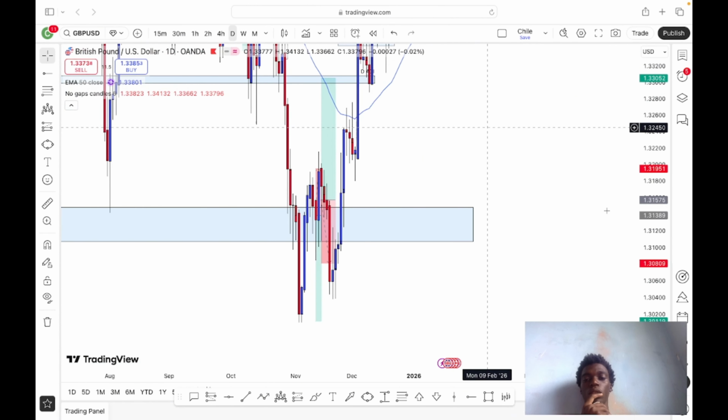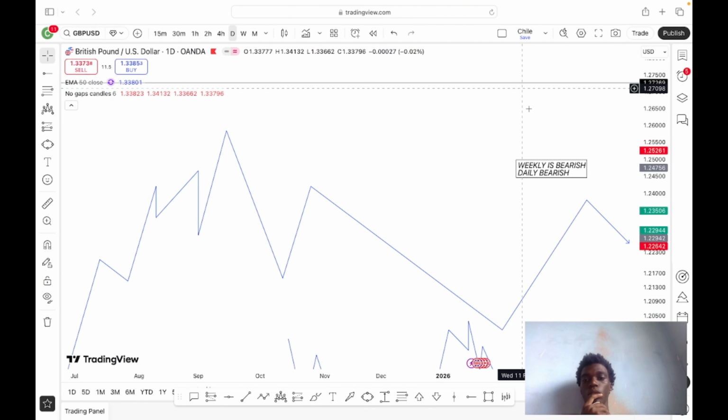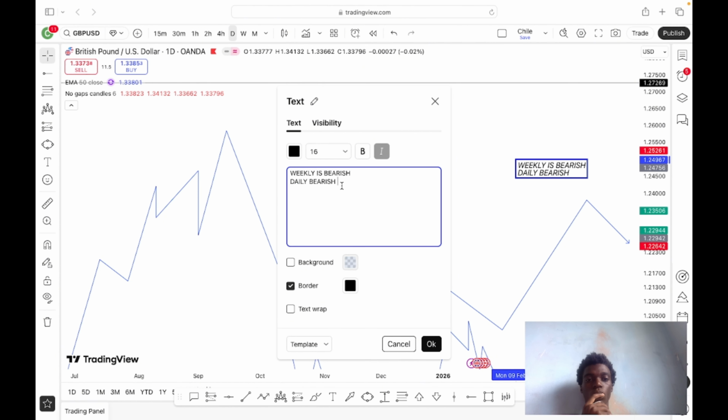It's also going down. You can see the 4-hour is also bearish.